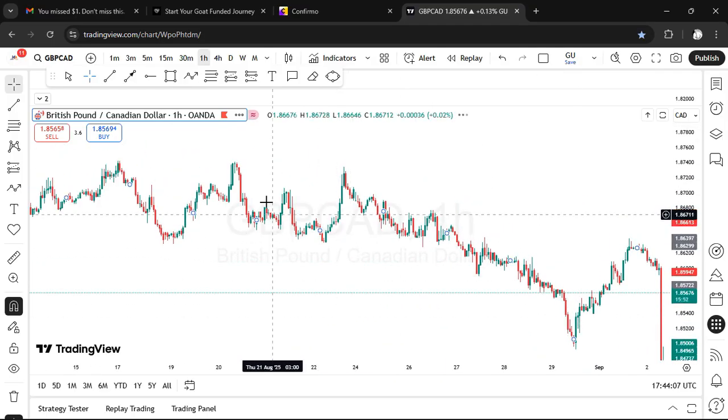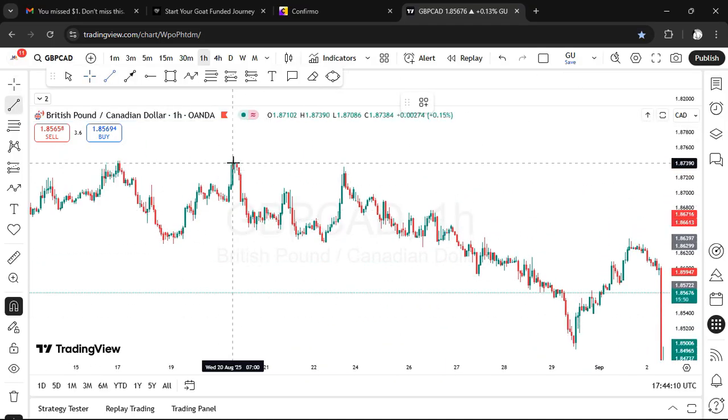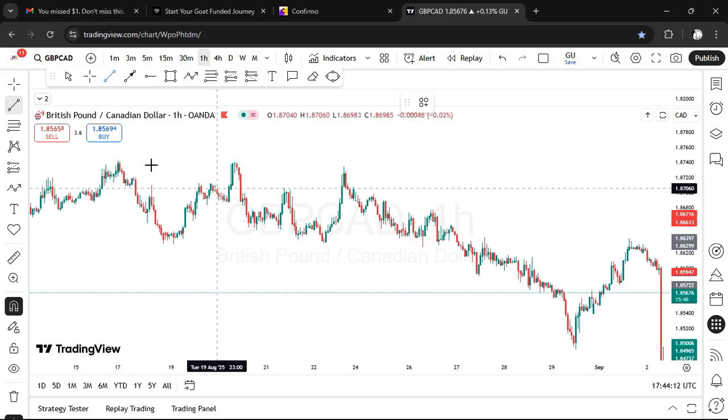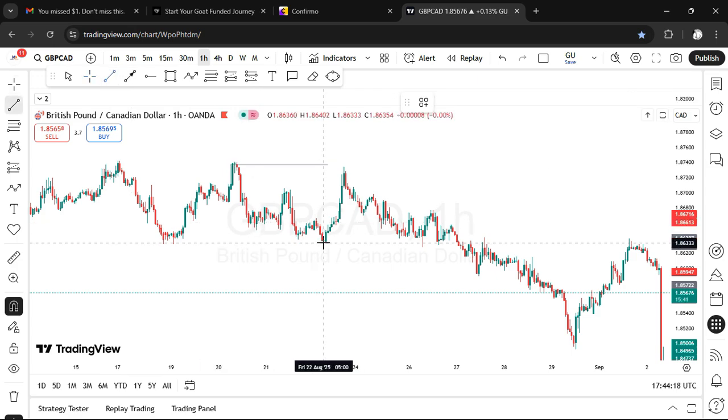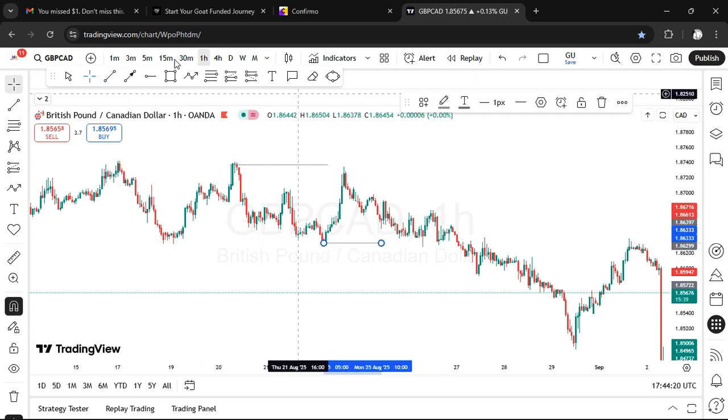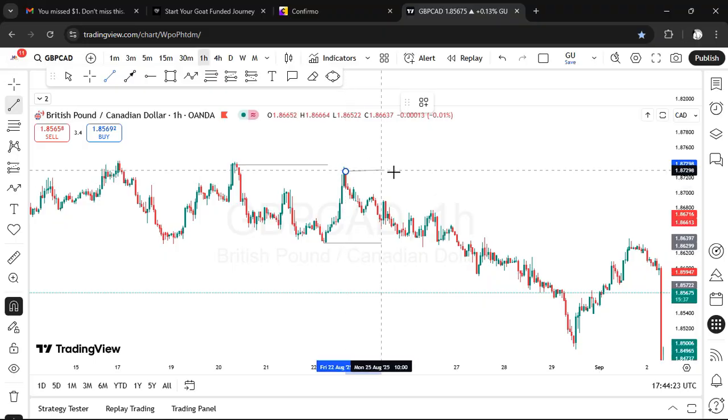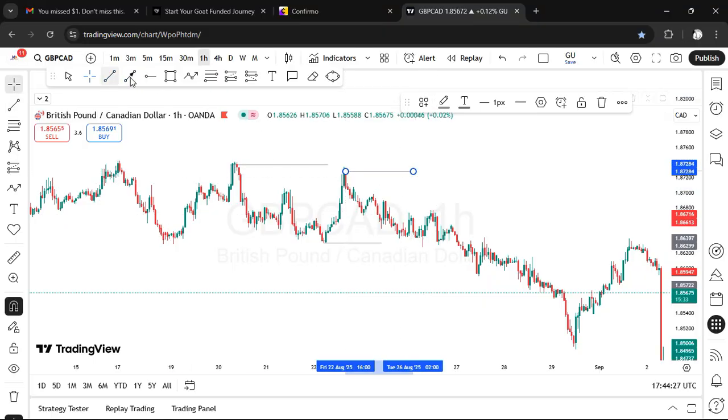So what can we see here? Let's start with where the market started, any of these points. We have this level, and the market produced a low here. It produced a lower high. You could see that this level is lower than the previous one.